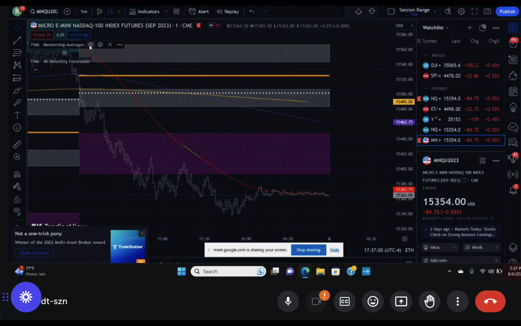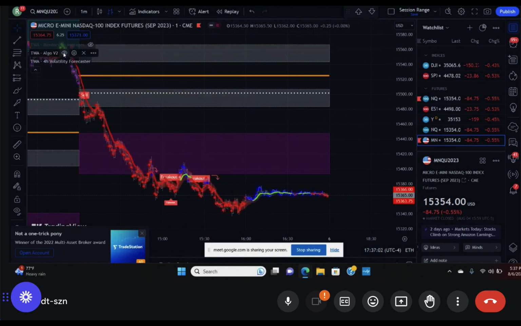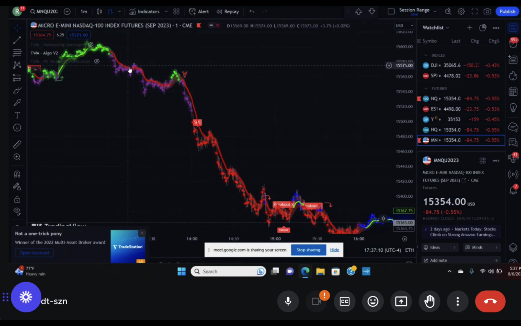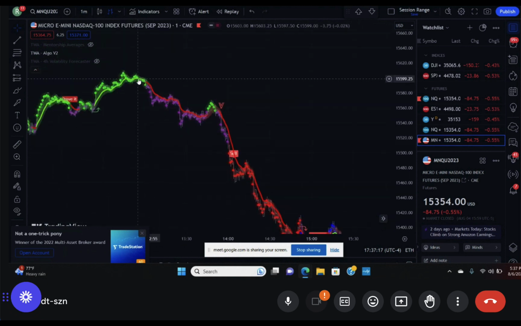Okay, so for the market timing, I am using the V2 algo, and when I see the evidence line, this red line, turn red, I'm starting to switch my bias from long to short. So for example, up here, I would start to lose interest in a long and look for a short.